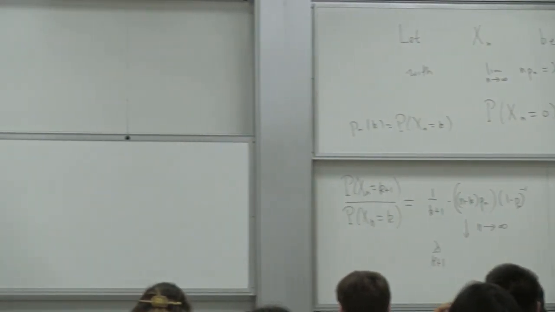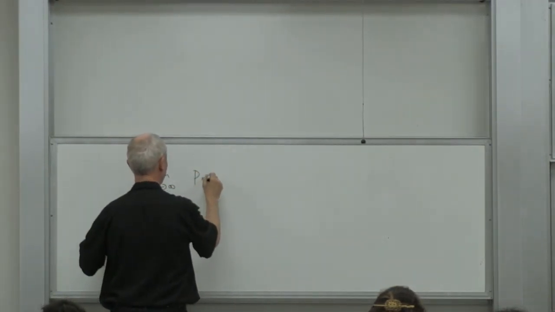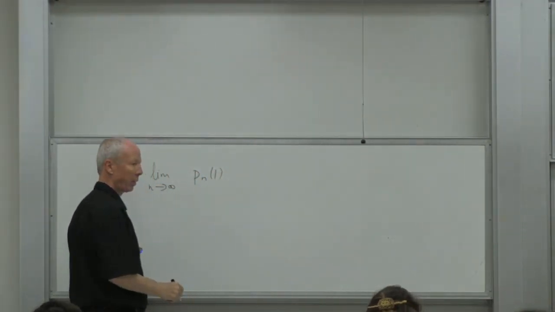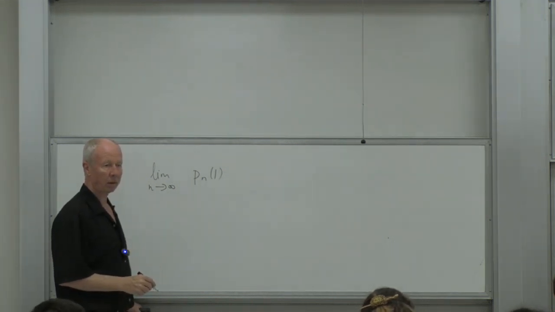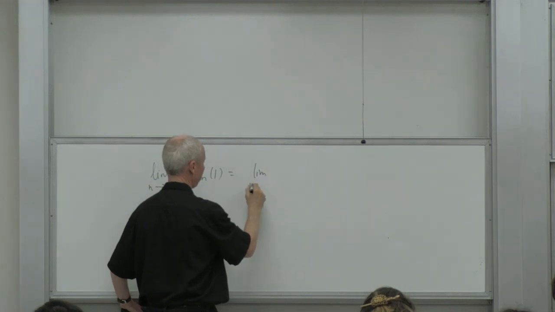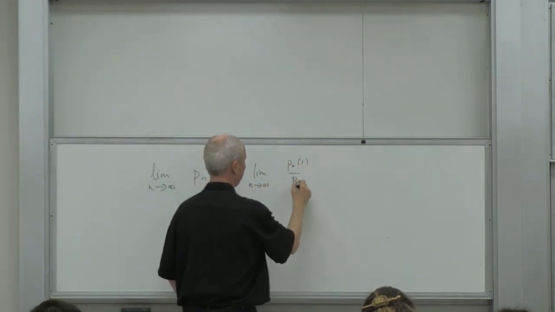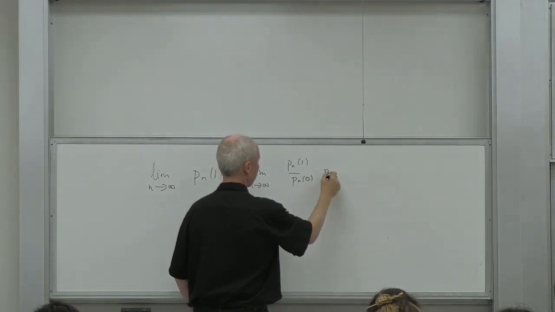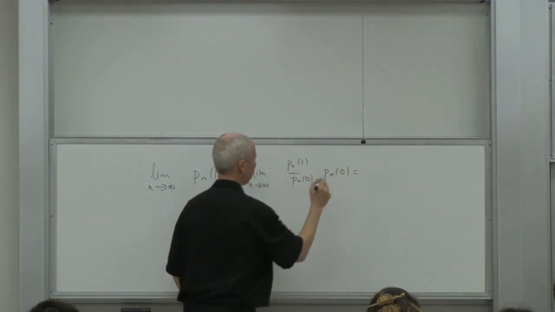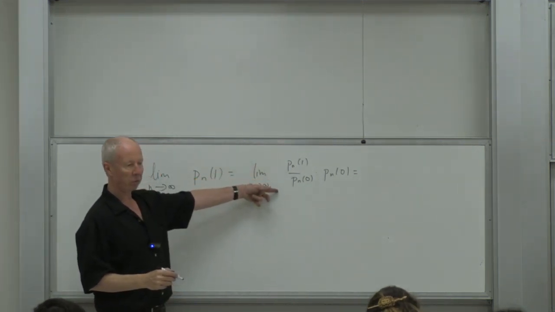So what's the limit as n goes to infinity, pn of 1? Does it exist? What does the ratio pn of 1 over pn of 0 do?